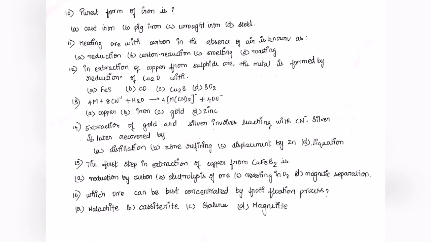Twelfth question. In extraction of copper from sulfide ore, the metal is formed by reduction of Cu2O with FeS, CO, Cu2S, SO2.